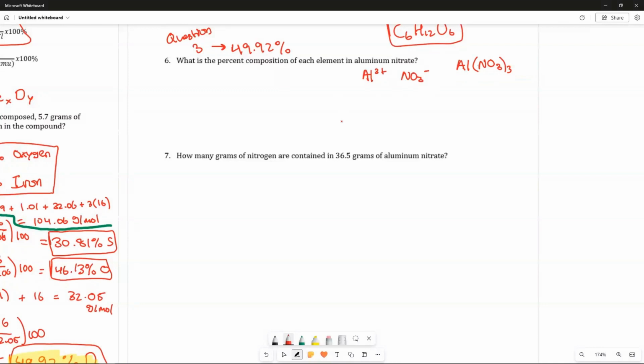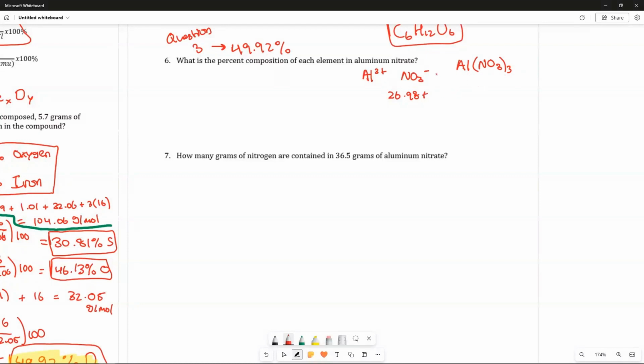Alrighty, so with that information, let's go ahead and calculate our molar mass. Total molar mass is going to be Al molar mass, which is 26.98, plus nitrogen. Remember that when we have this subscript, you just multiply. So nitrogen has that invisible 1 after it, so 1 times 3 will be 3.